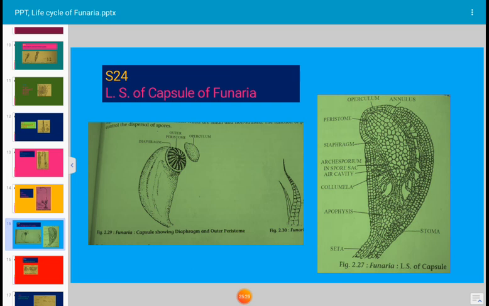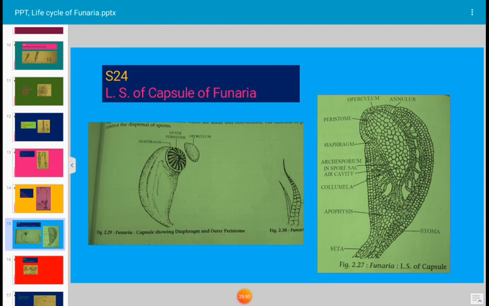Let us see the details of the operculum or the lid dehiscing region. The terminal cap-like structure of the capsule is called operculum. The operculum and theca are delimited by a constriction where 2 to 3 layers of cells are present forming the annulus, a ring-like structure.